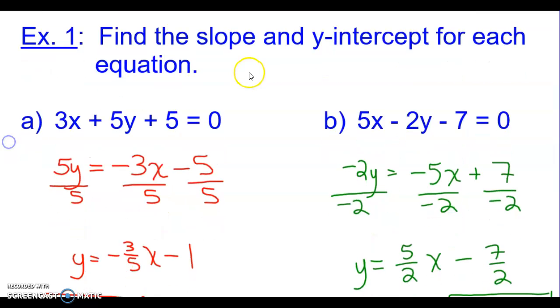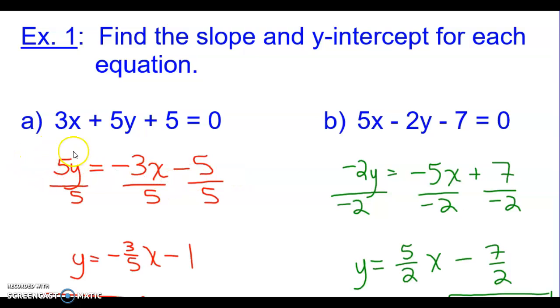Example 1, find the slope and y-intercept for each equation. So what we want to do is take our standard form and see if we can come up with some sort of formula for determining our slope and our y-intercept. Initially, I'm going to rearrange my equation and rewrite it in slope-intercept form, which means I'm going to take the 3x, move it over to the other side so it becomes negative, take the 5, move it over to the other side, it becomes negative, and then I'm left with 5y equals negative 3x minus 5.